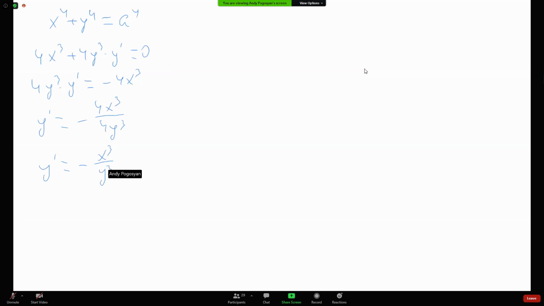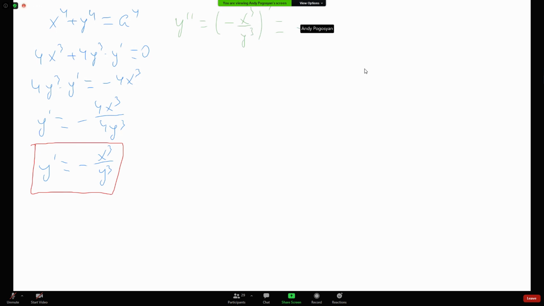So this is the equation that gives you the relation between the first derivative and x and y. Now, y double prime equals the derivative of negative x cubed over y cubed.